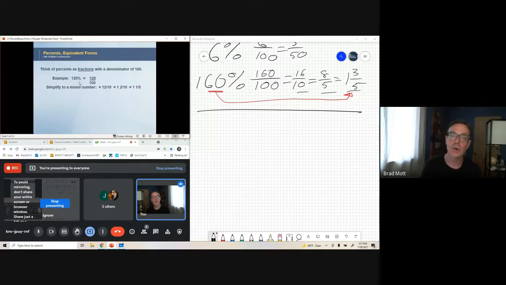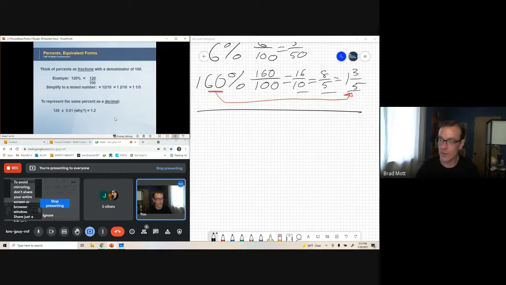So 120% is equivalent to the mixed number 1 1/5. Those are all different ways of saying the same thing, and you just need to be able to convert between all of those ways of expressing that number so you can use it depending on what the situation requires when you're out in practice, working with animals or people, as the case may be.